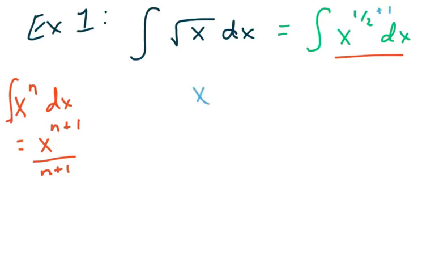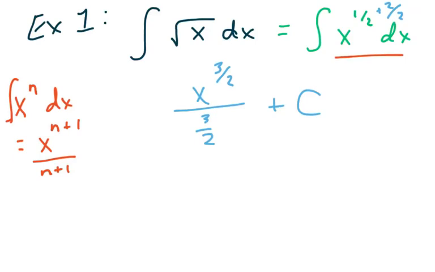Now, if I add 1, that's the equivalent of adding 2 over 2, right? Because that's with a common denominator for the 1/2. So that means my new exponent is 3 over 2. Now, I have to divide by that new exponent of 3 over 2, and we need to make sure to put our plus c.